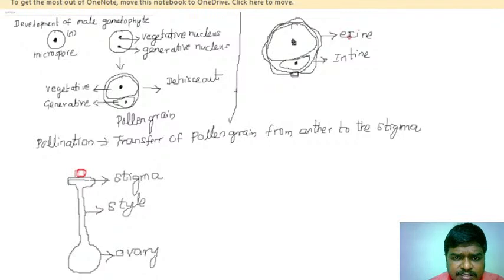So in this structure only, the pollen grain reaches the stigma. Once it reaches the stigma, it undergoes further developmental process. Once the pollen grain reaches the stigma, it does two things.